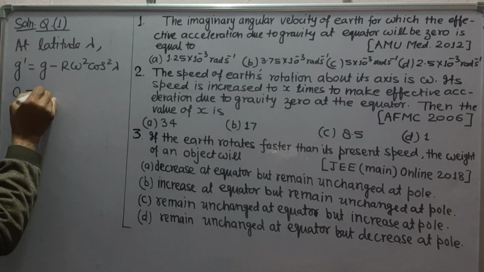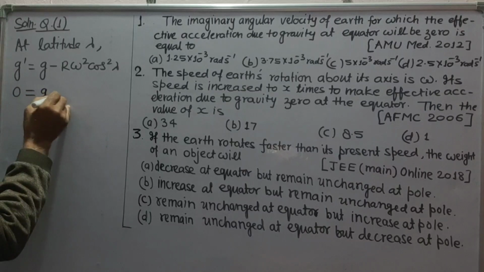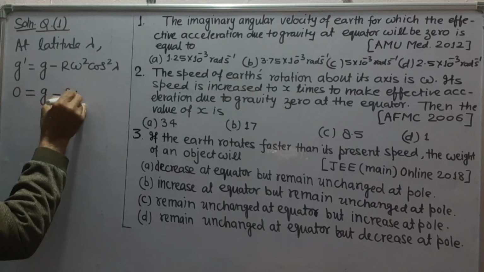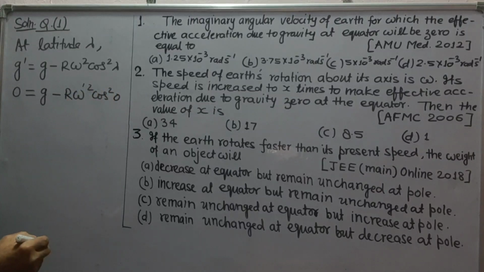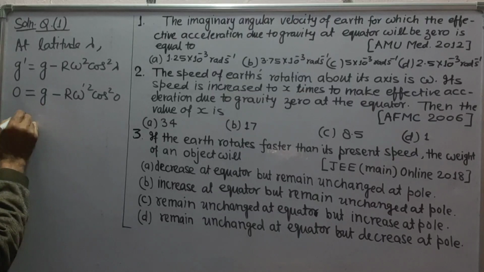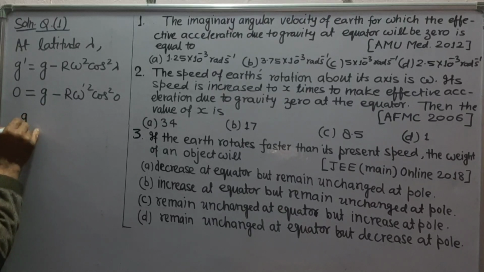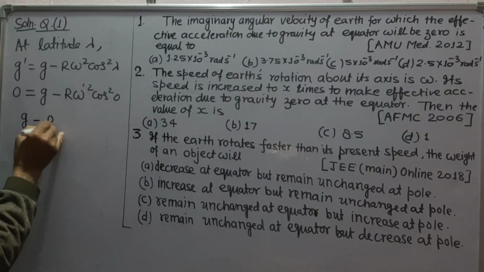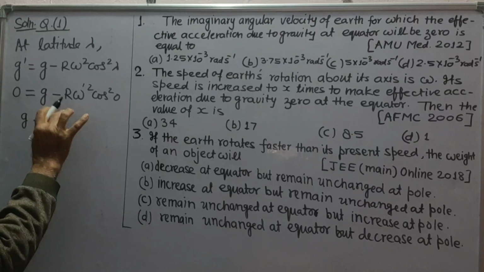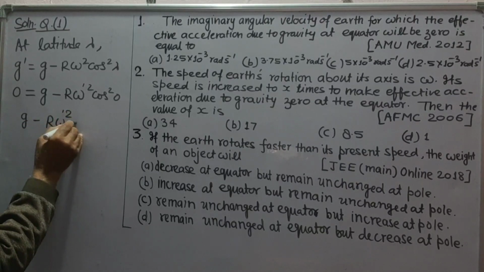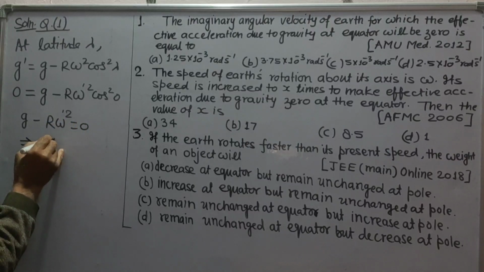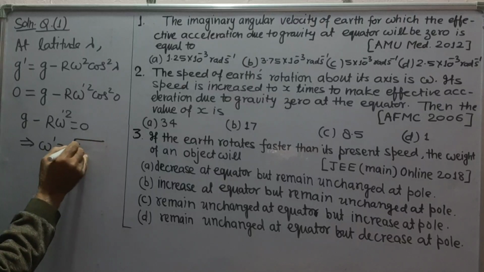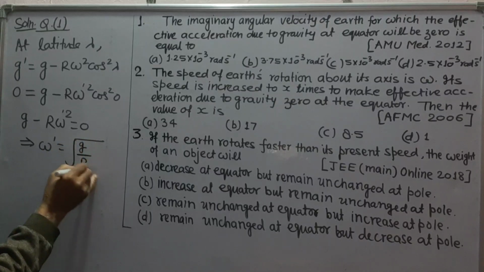So, this equation gives 0 is equal to g minus r omega dash square cos square 0, because latitude at equator is 0. So, it becomes g minus r omega dash square is equal to 0, which gives omega dash as under root g by r.